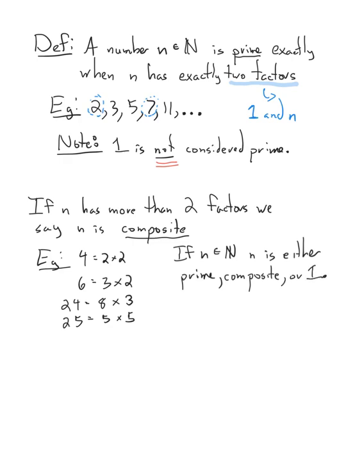Every number fits into exactly one of these categories. It's either prime, composite, or the number 1.